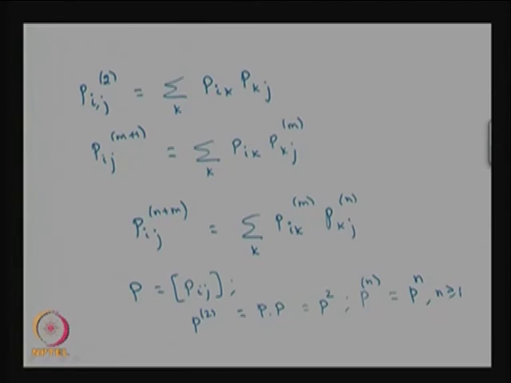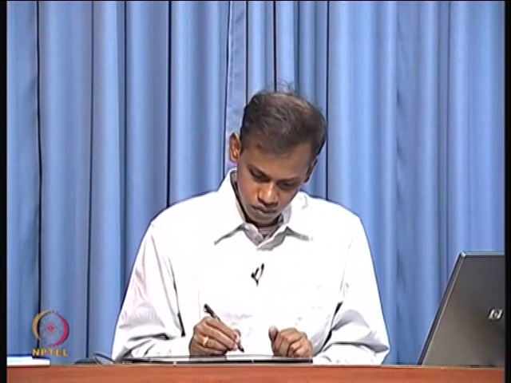For n is equal to 1, it is obvious. For n is equal to 2 onwards, the P power n is the same as the n step transition probability matrix. Hence, now we got the n step transition probability is nothing but P power n, where P is the one step transition probability matrix.